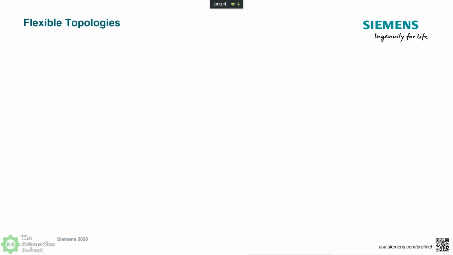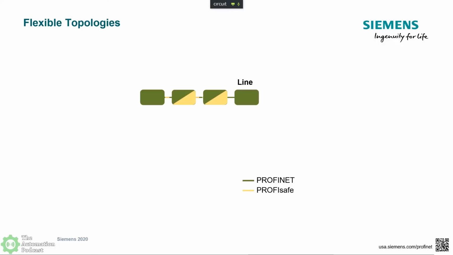With PROFINET we have very flexible topologies. We can have a simple line structure, where each PROFINET device typically has an integrated two-port switch that allows a line structure.